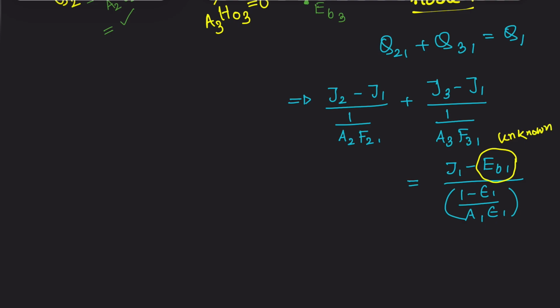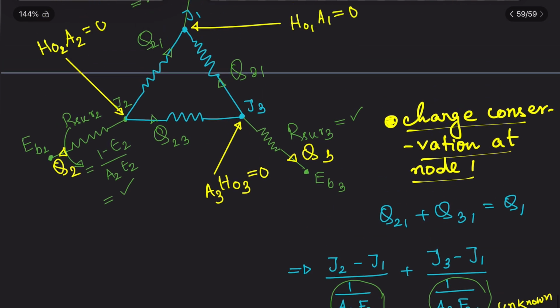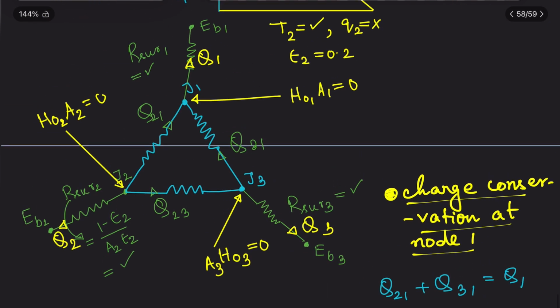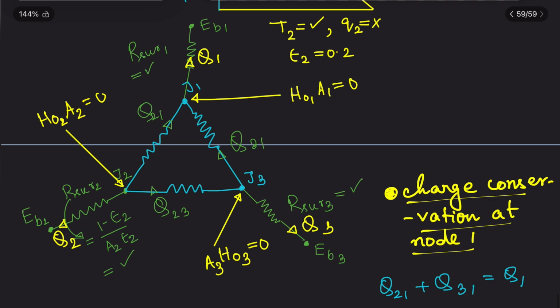And what do we know in this equation? We know this term, we know this term, we know this term. We don't know J1, J2, J3. So if we know J1, J2, J3, then we are done, right? So let us see how can we know J1, J2 and J3. Clear?